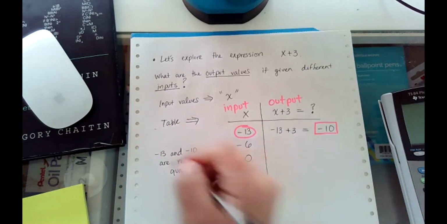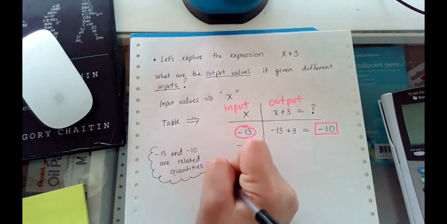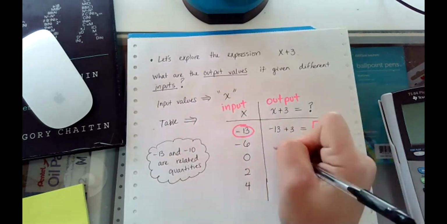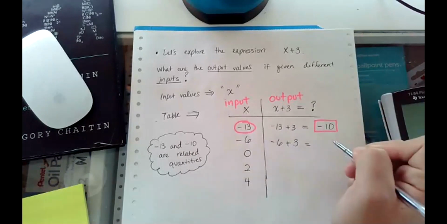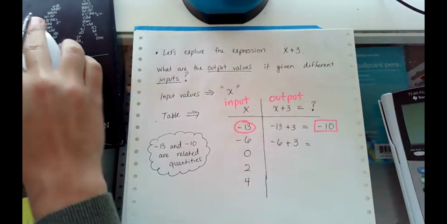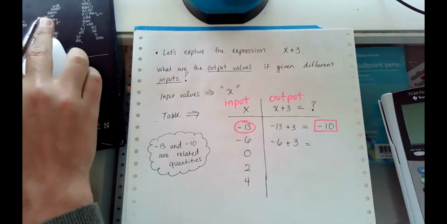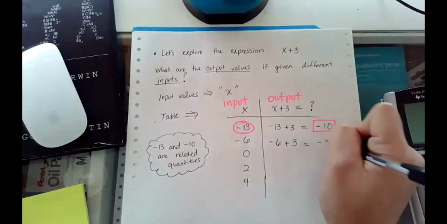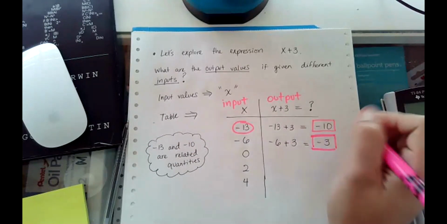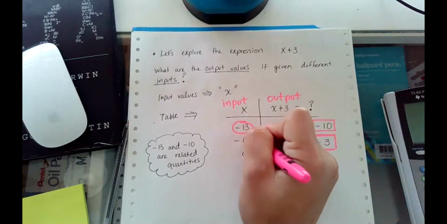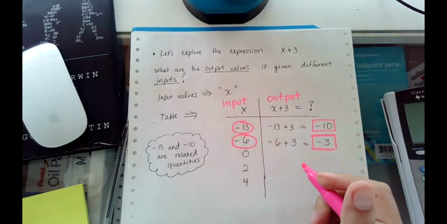Okay, so when I plug -6 into this expression, -6 plus 3, I get what? -3. Yeah, I get -3. So there's my output. I'm going to go ahead and circle that or put that in a box. The input that it's related to is -6.